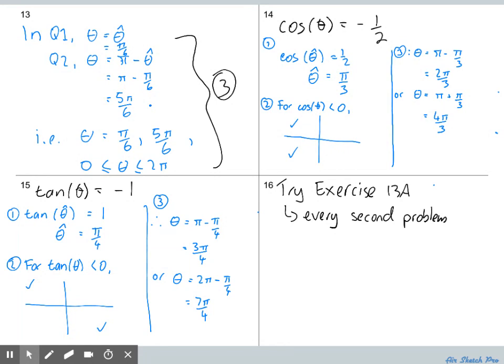Okay, so we've got 2 minutes before the end of the lesson, so I'll just quickly go through those solutions. They are written up there, so if you did get them right, then you can be pretty confident on that one.